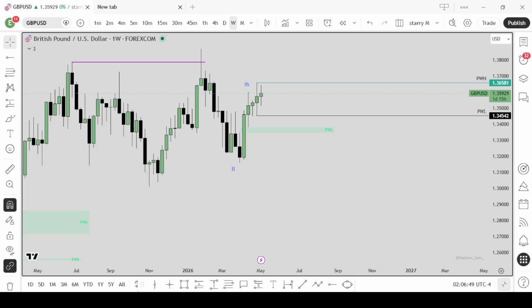I want us to start analyzing the 3 charts today, and we are going to look at the GBPUSD.